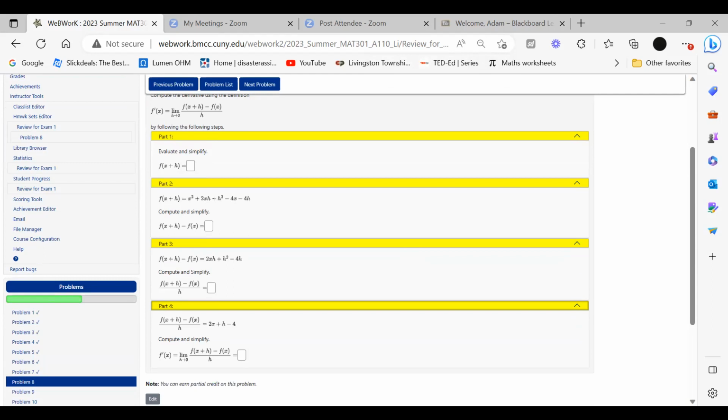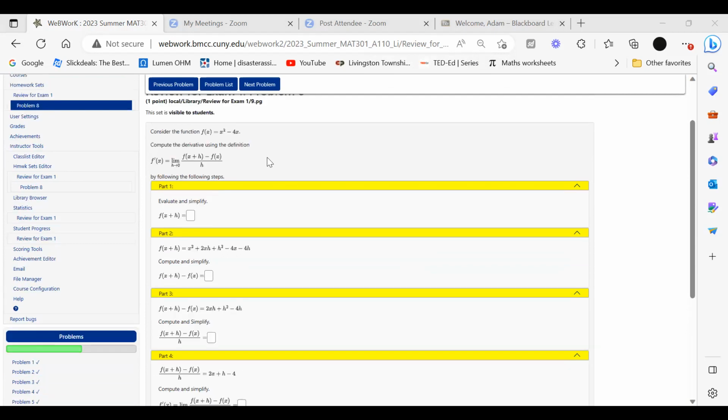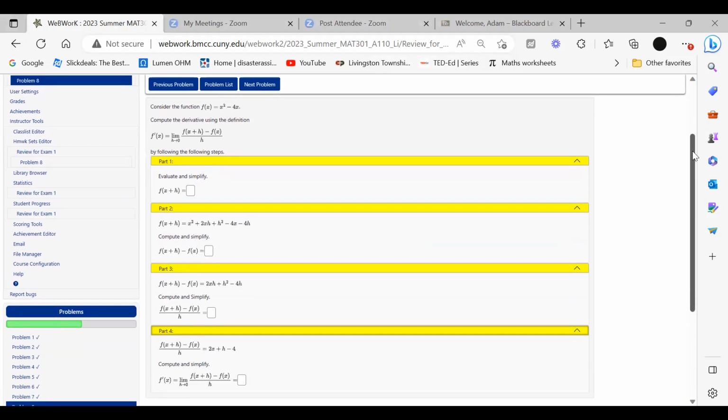You can go through this step by step until you understand the whole process, which is so much better. Okay, so let me just copy the question and follow this guidance step by step.